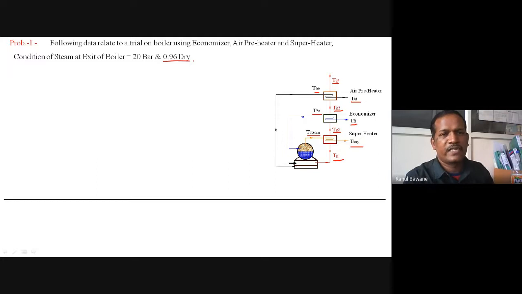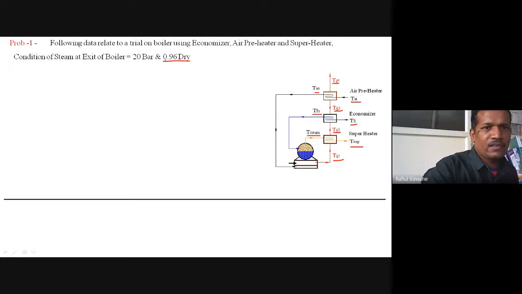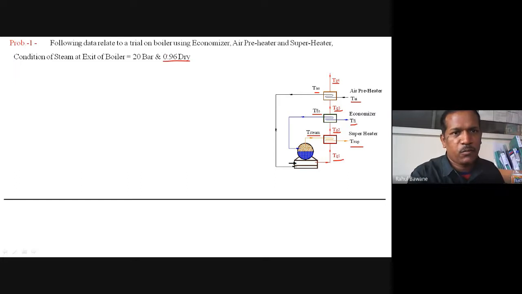That means it is a wet steam. When we say it is 100% dry, that is saturated steam, there is no moisture. Less than 100% means there is moisture. So it is 0.96 dry, which means 0.04 is moisture. So it is a wet steam. This is actually the dryness fraction.